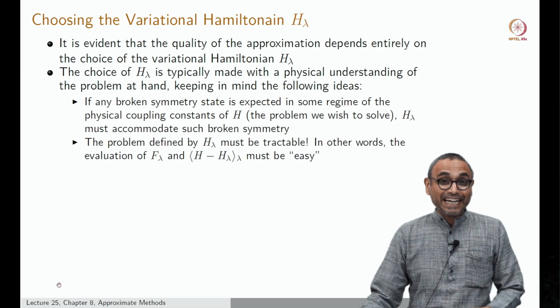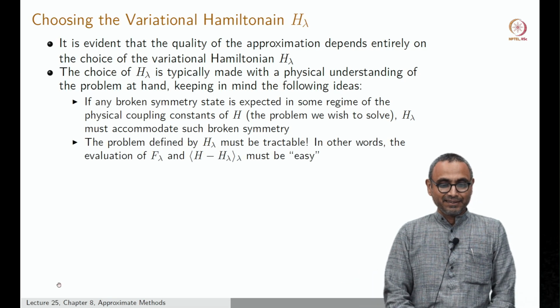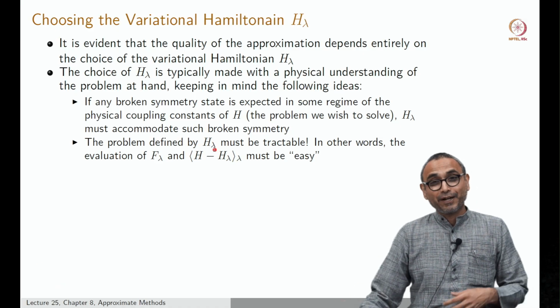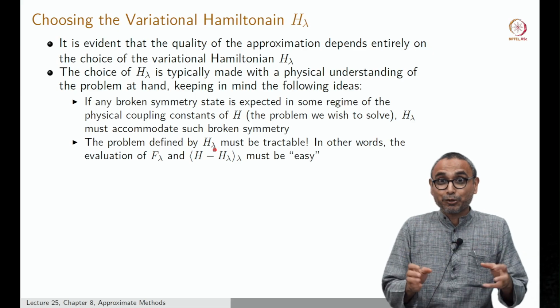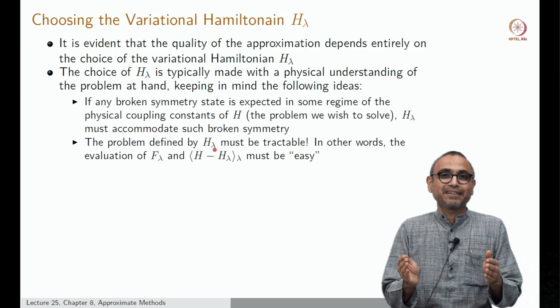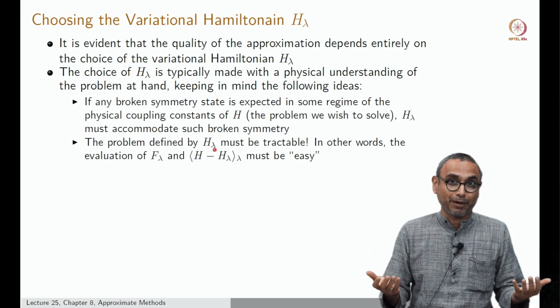Now the second statement that I am going to make is a more practical statement. The practical point is, the problem defined by H lambda must be tractable. You must be able to solve that problem exactly with some minimal resources. That problem should not be as difficult as the original problem.